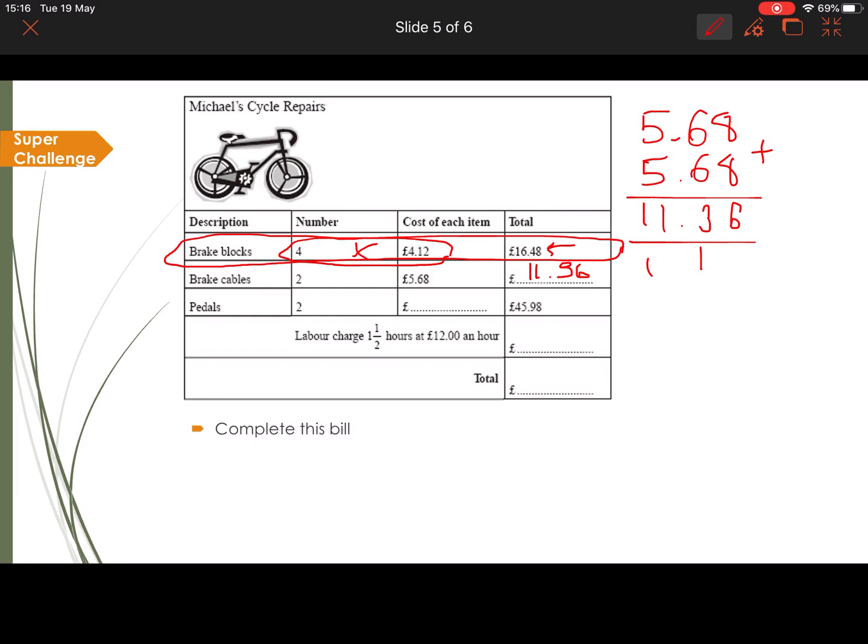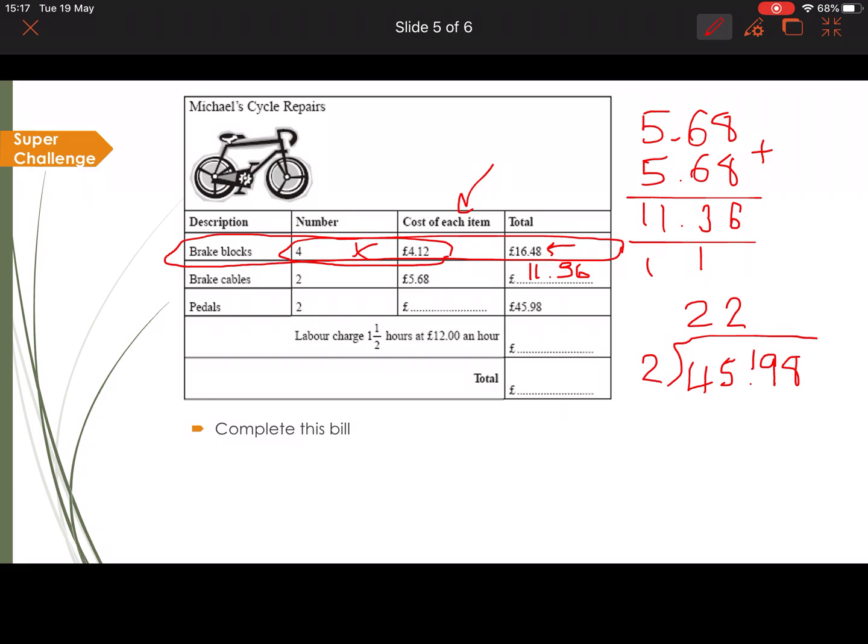In the next row, it says that pedals were purchased, 2 to be exact, and that in total it came to £45.98. Now I'm going to do the reverse here because I've got the total, which is £45.98, but I know that this is what it cost me for 2 pedals. So I'm going to have to divide by 2 to get the cost of each item. So 2 goes into 4 twice, 2 goes into 5 twice with 1 left over.